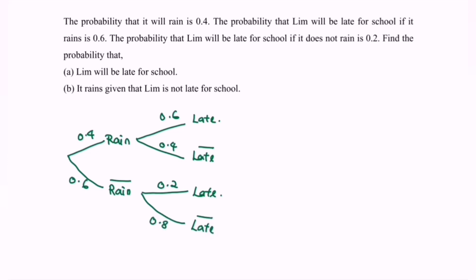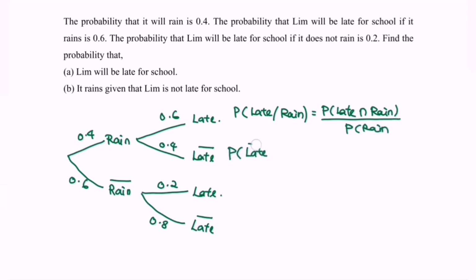So let's rewrite the situation. The probability of late given that it is rain, we can express as the probability of late intersect with rain over the probability of rain. Next, we have the probability of late complement given rain.